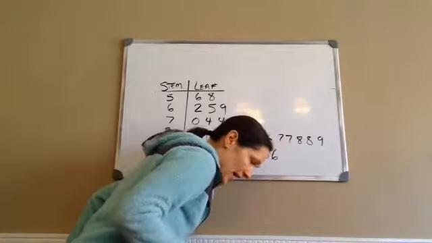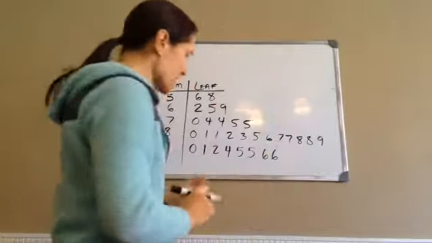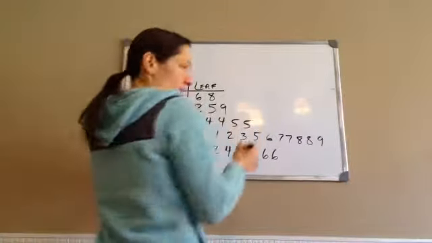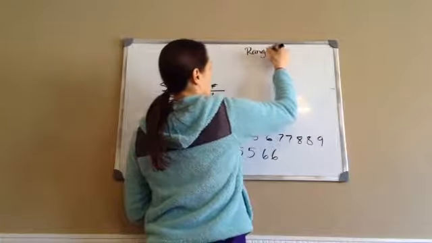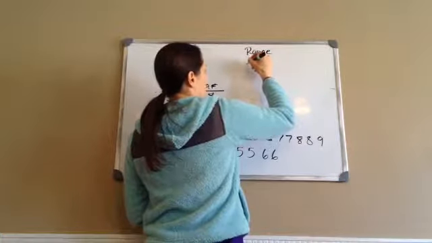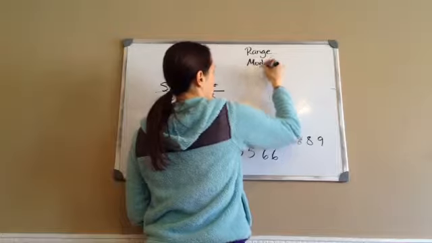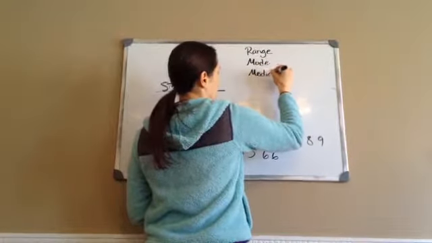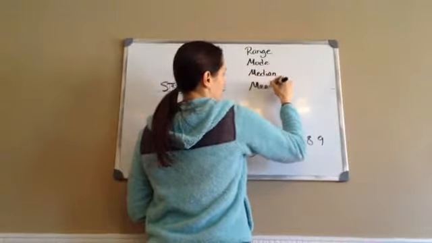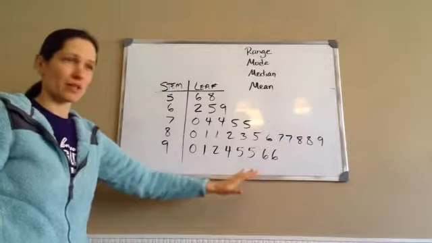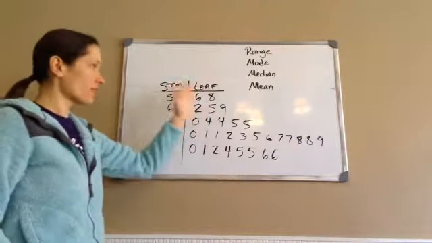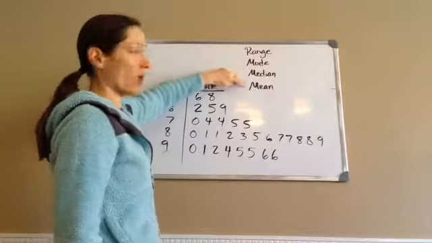Now, the next thing they want you to do is to come up with this. You know how we've learned in the past range, mode, median, and mean. Do you remember those? Once you come up with your stem and leaf plot, it's easy to come up with all of these.